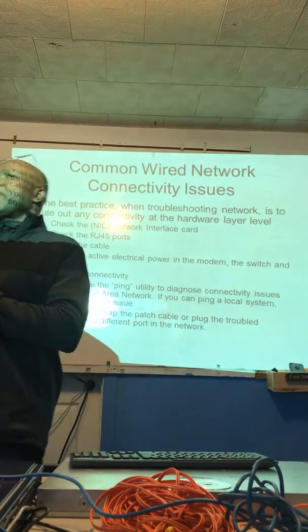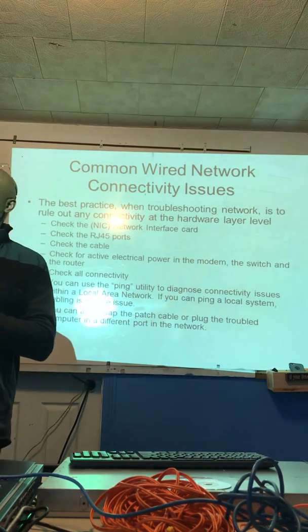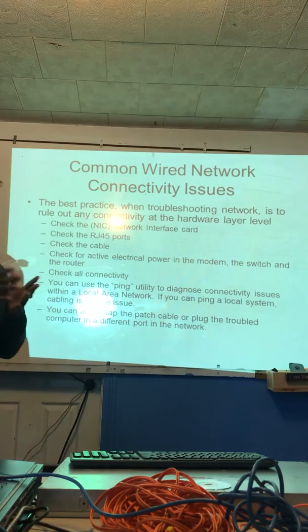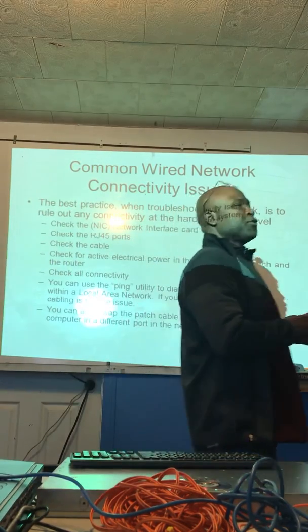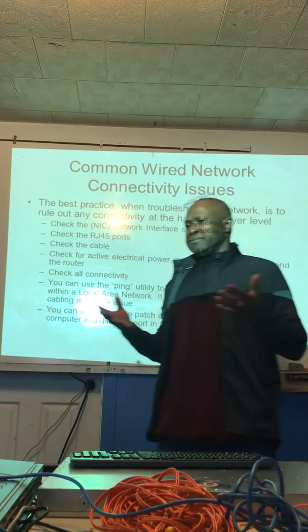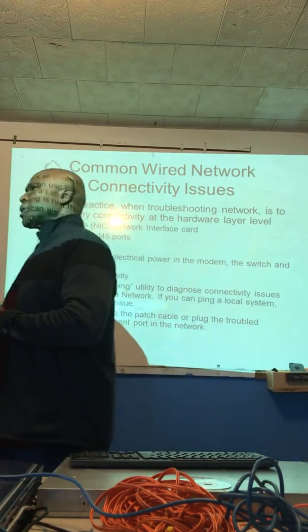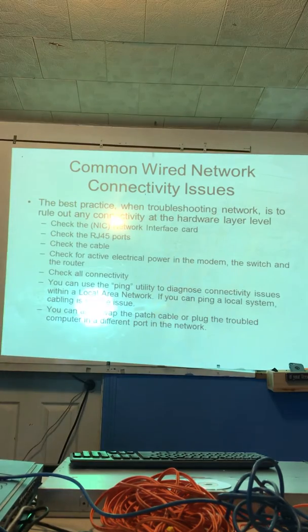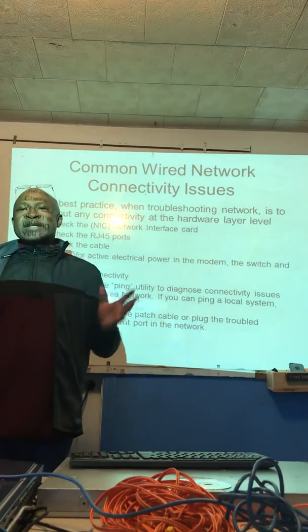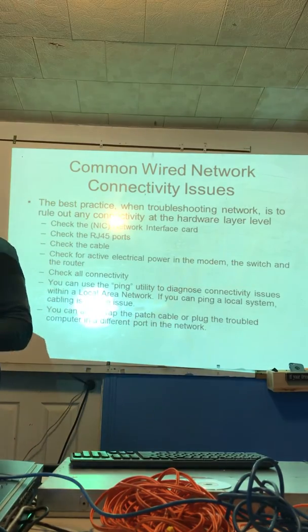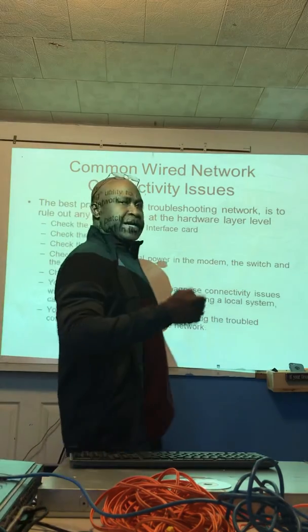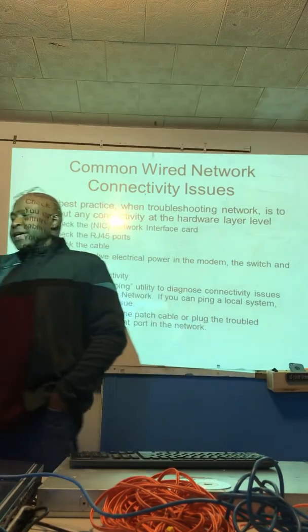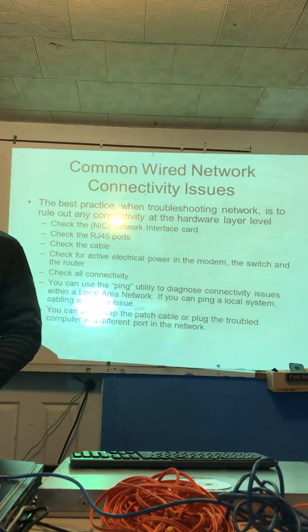That RJ45 port can become defective and you lose connection with the network. The cable that you connect to the RJ45 might become defective. Anything physical can become defective because of the way you use it, the way you treat it, or because of time. After a certain amount of time using something, especially if you keep removing the cable and putting it back, you can cause some problems.